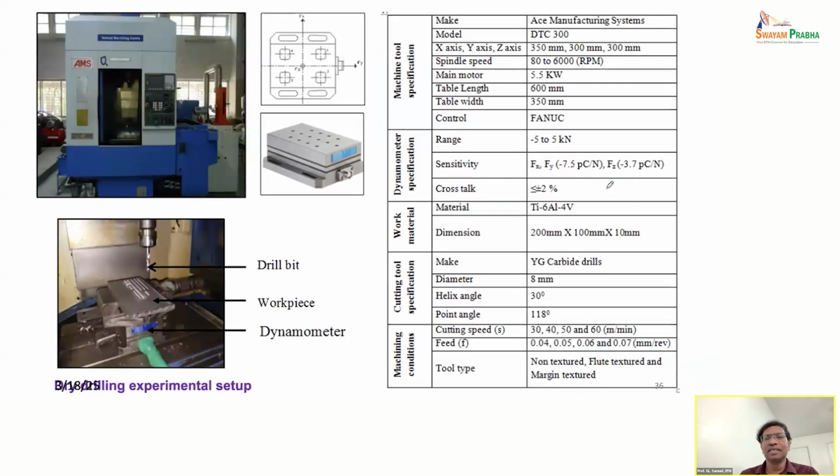Later we have conducted the experiments on the machine tool, and we have also recorded the cutting forces and the tool wear and other characteristics to see how it is really making an impact.